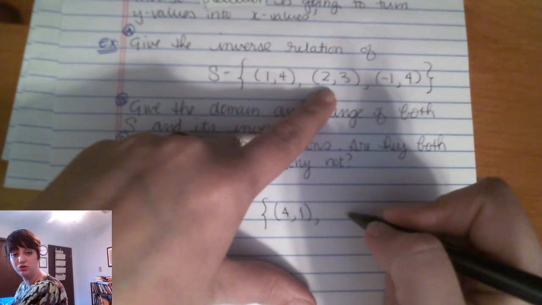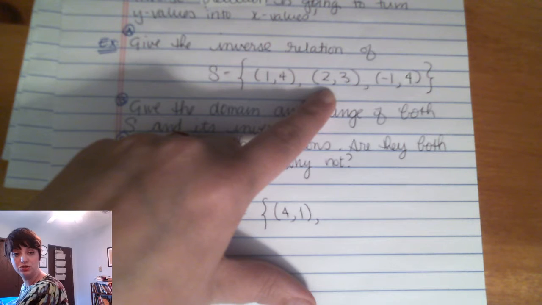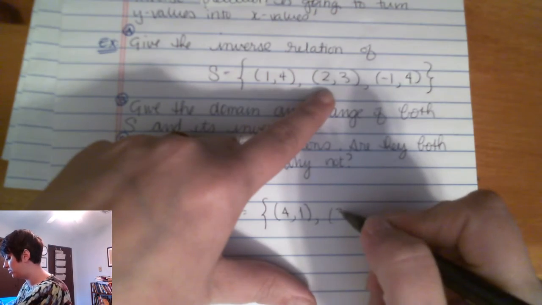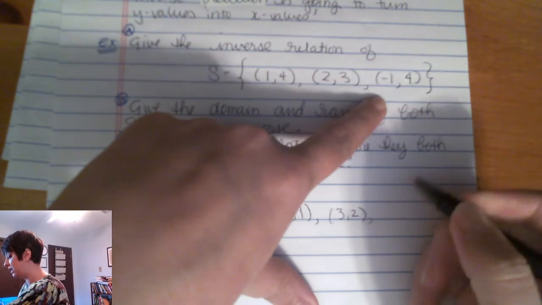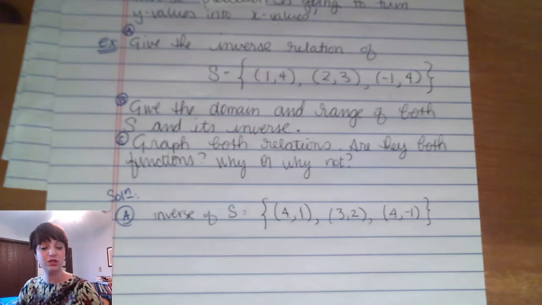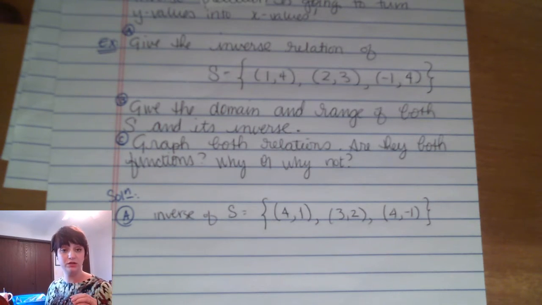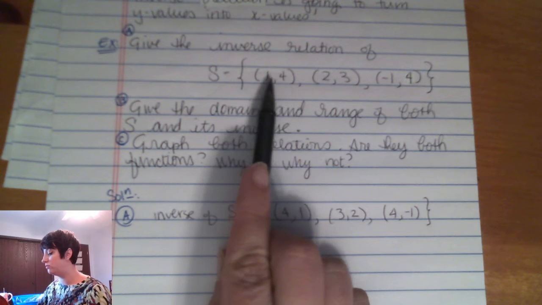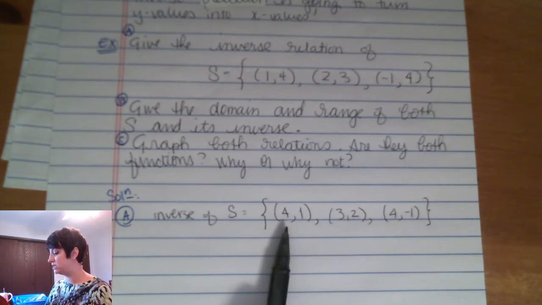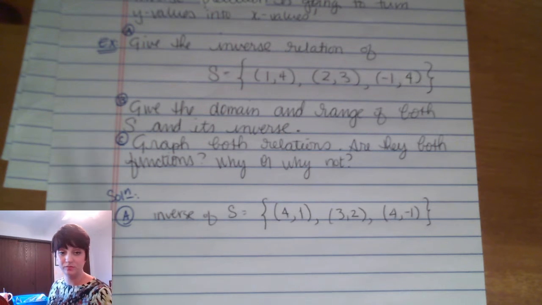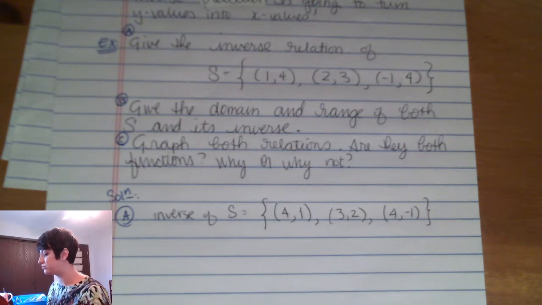This point is 2, 3, so S turns 2s into 3s, so my inverse needs to turn 3 back into 2. And then this point, when I swap, I get 4, negative 1. The inverse is just going to tell me how to get an output, or what input I need to get a specific output. So S says if you want a 4, plug in a 1. My inverse says, oh, a 4 came out of your machine, you must have plugged in 1. All right, so there's the inverse of S.